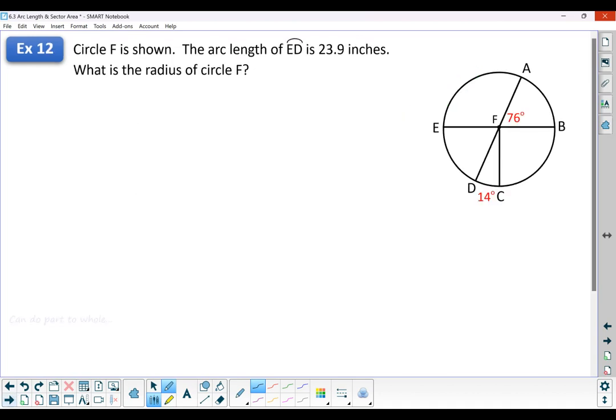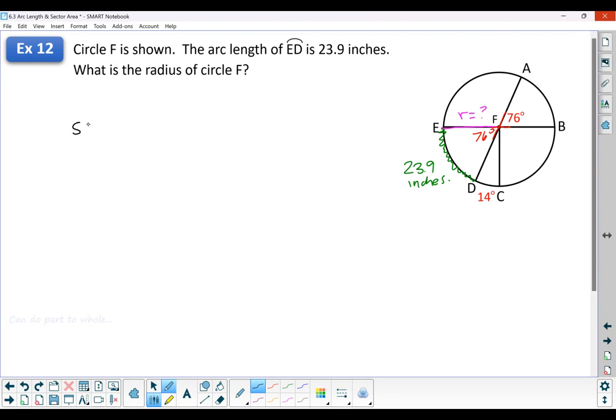Okay, so now we've got circle F, the arc length ED. So we know that this length is 23.9 inches. And our question is, what is the radius of the circle? Well, we have an angle that's 76 degrees right here, and that angle is vertical to this angle, so this one is also 76 degrees.